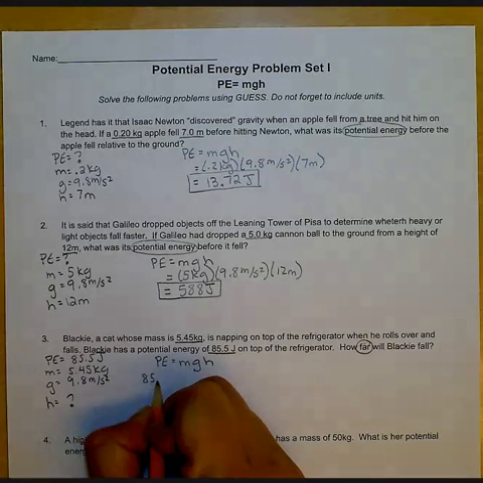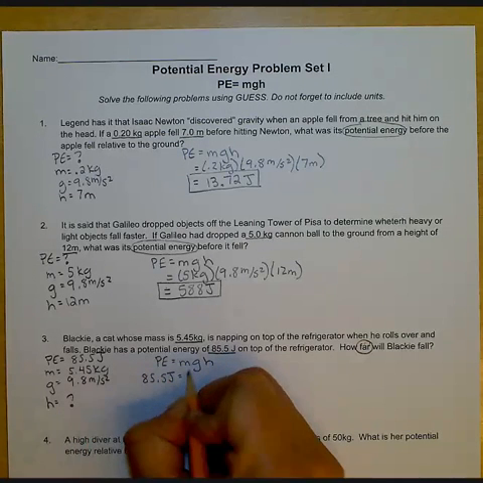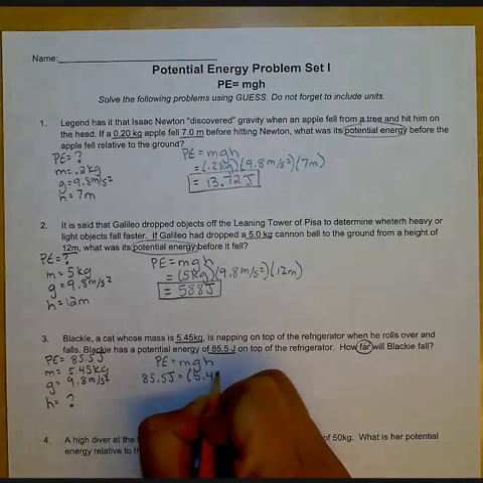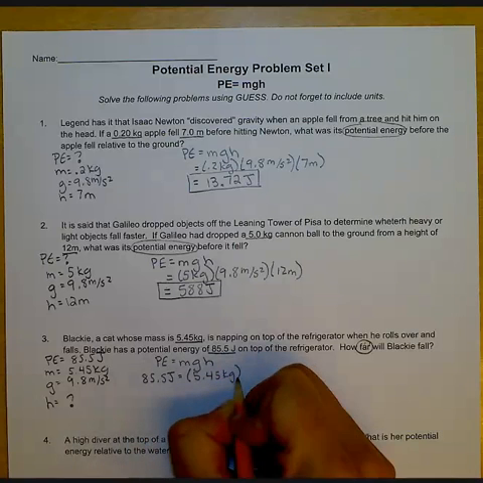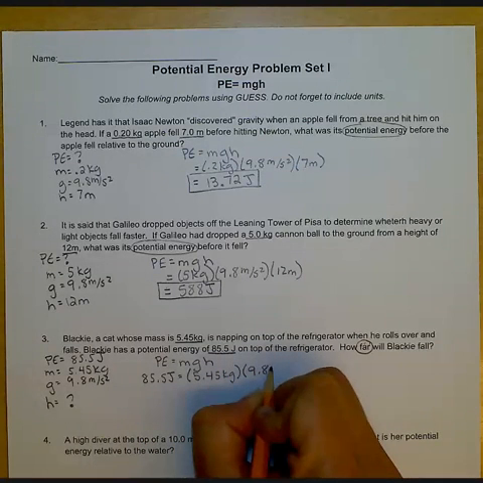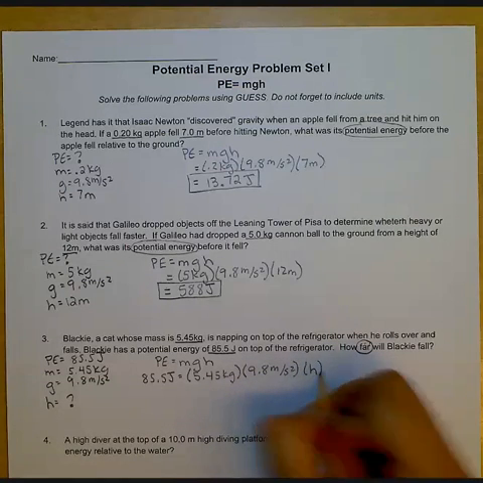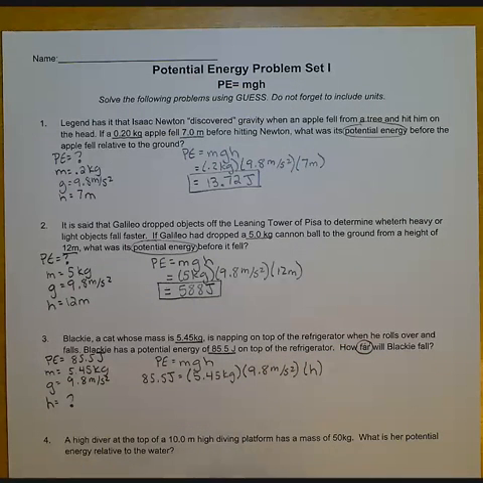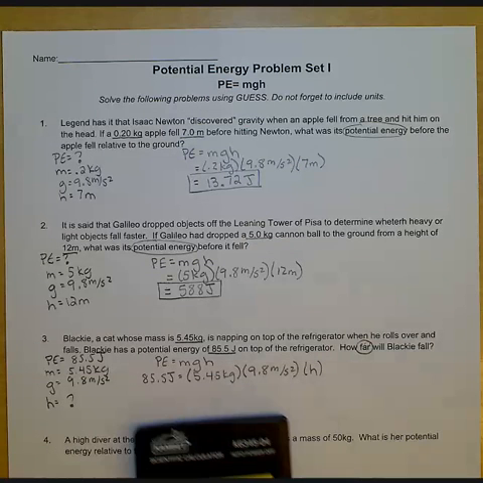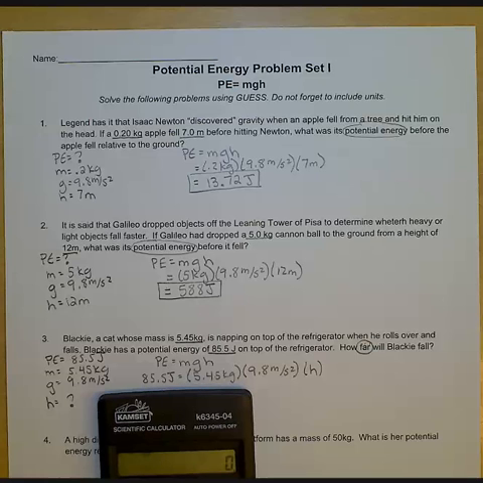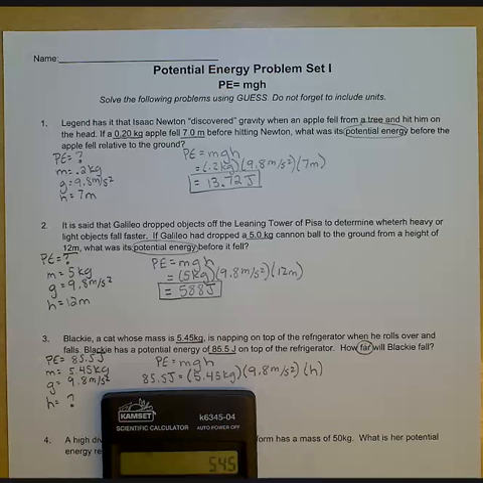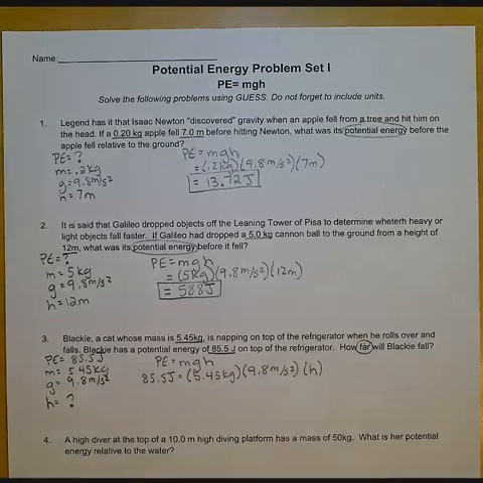So I have 85.5 joules. My mass is 5.45 kilograms. My gravity is 9.8 meters per second squared. And my height, well, I don't know that height. What I like to do is combine these terms before I divide. So I'm going to go ahead and do that on my worksheet. So I'm going to have 5.45 times 9.8, which is going to give me 53.41.